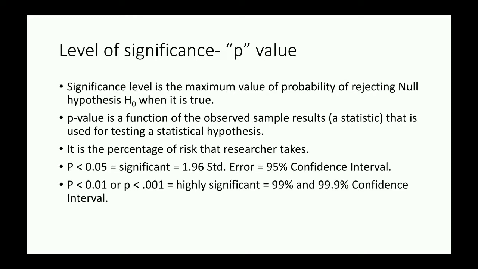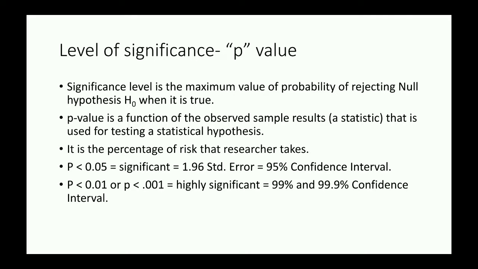Well, we can say that level of significance or significance level is the maximum value of probability of rejecting the null hypothesis when it is true. So in simple terms, in very easy language, you will be struggling a lot to find this kind of simple statement defining level of significance.